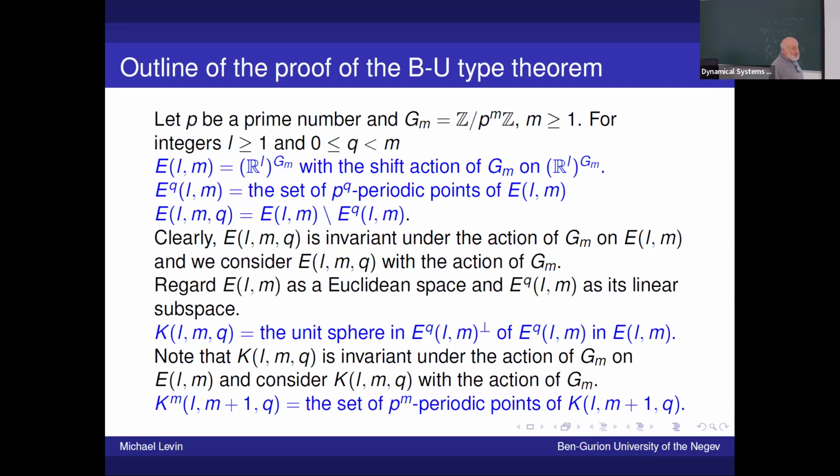We'll take the unit sphere in the orthogonal complement. That's it. The unit sphere will be once again invariant under the action of G_n. Okay, so we consider K_q^n as the G-space, the dynamical system.